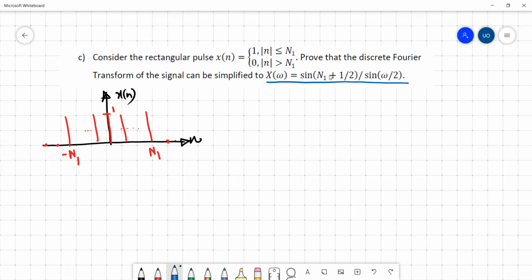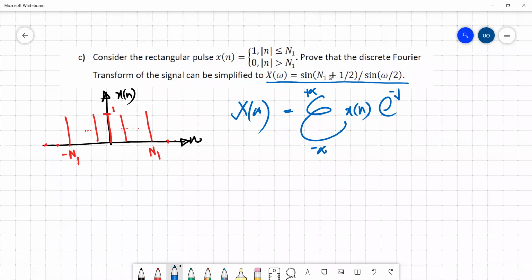Once you apply this definition for this case, it's minus infinity to plus infinity x[n] e to the power minus j omega n. This infinite sum can be simply truncated into a finite sum because this rectangular pulse has samples from minus n1 to plus n1.